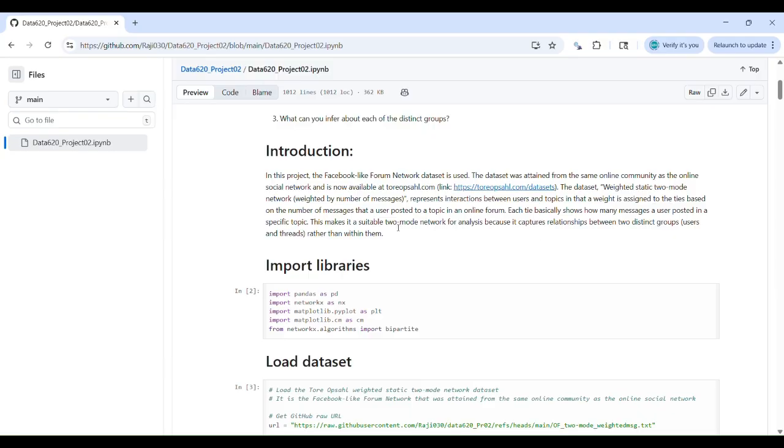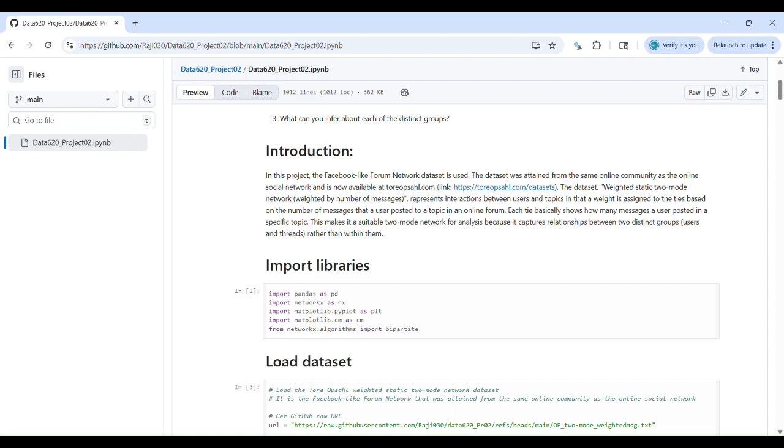Here, what it means is the number of messages that a user wrote in a particular thread. So a tie basically here represents how many messages a user posted in a specific topic, and in this network a weight is assigned to the ties based on the number of messages that a user posted to a topic in an online forum.